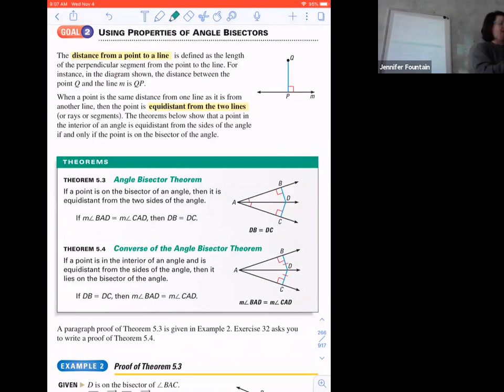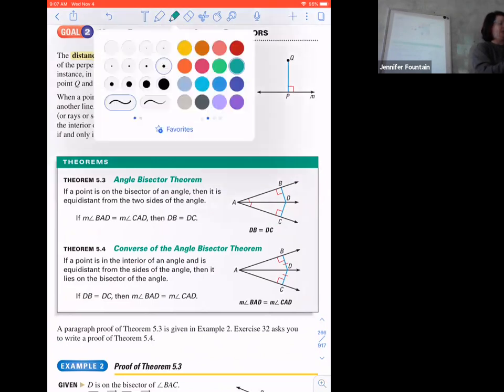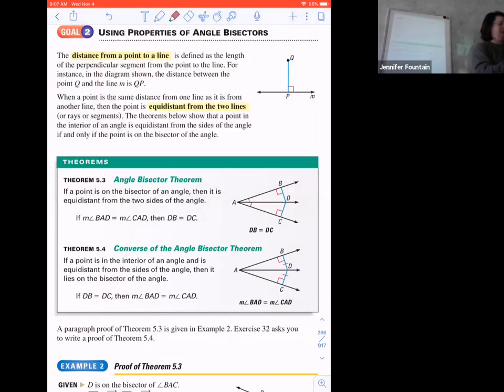Okay, so the length of the perpendicular segment from the point to the line. Okay, so it says, for instance, in the diagram shown, the distance between point Q and the line M would be QM.